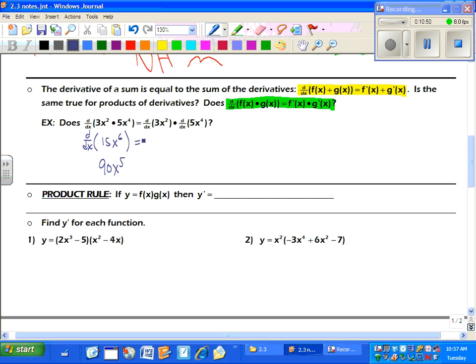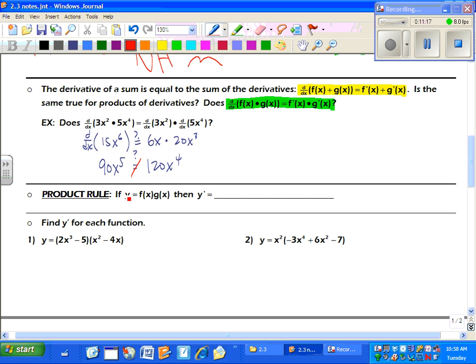Let's see, is it equal to the other side? So derivative of 3x squared would be 6x. Derivative of 5x to the fourth, 20x cubed. If we multiply those, we get 120x to the fourth. So that does not work.